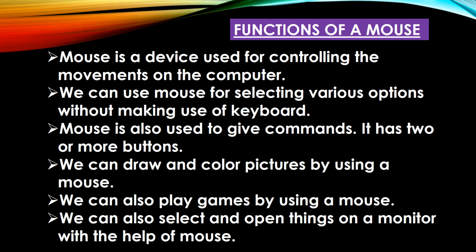A mouse can also be used to draw and color pictures, like we use a mouse to draw and color pictures in Paint program. It can also be used to play games, and at last it can also be used to open or execute, means close a program.